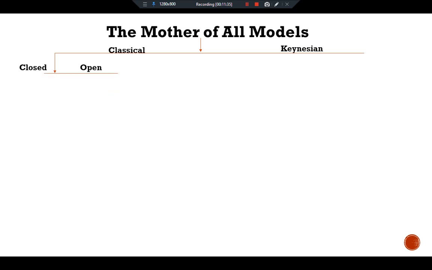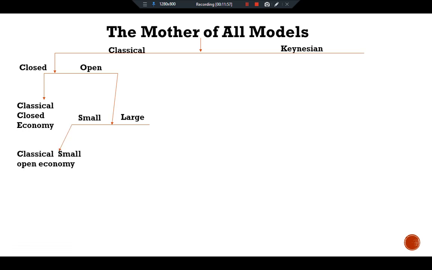The closed economy can be interpreted as the classical closed economy, and the open economy can be further divided into two parts, small and large. The small one can be interpreted as the classical small open economy, and the large one as the classical large open economy.